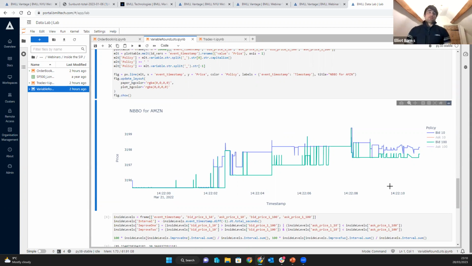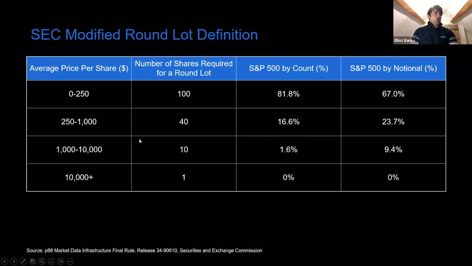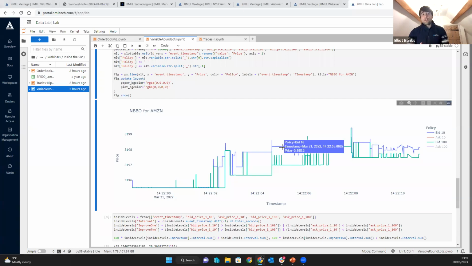It was a nice share price then, and what you can see here is what the bid price would look like at the NBBO when there is 100 shares in a round lot, and what it would look like under 10, which if we see on this SEC round lots, this is what the new tick size would look like. Now, an important thing here, $30,000 is much closer to the size of a typical child order than $300,000.